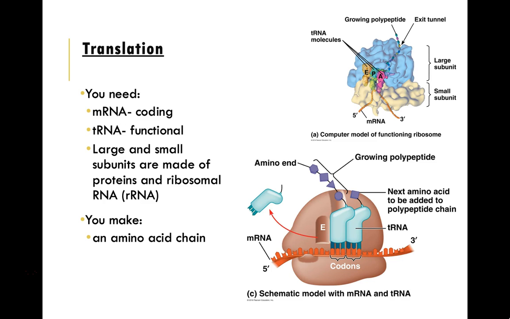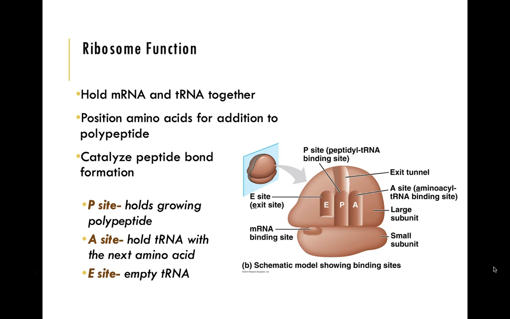The large subunit, that top half, is the site where we actually see our transfer RNAs come in, and then the ribosome itself will catalyze the addition of the amino acid to the growing polypeptide chain. And then ultimately you are going to make an amino acid chain, which is then going to be folded into a functional protein.